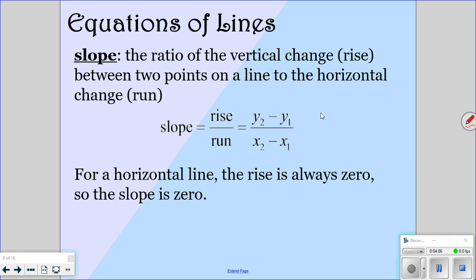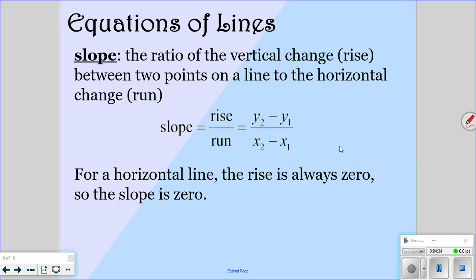If you want to use this formula, you can. y2 minus y1 over x2 minus x1. I think it's a great formula to use instead of trying to do just rise over run. Sometimes they don't give you a graph, and you can just plug it into this equation. So it's helpful to know slope is rise over run, but oftentimes you're going to need the y2 minus y1 over x2 minus x1. So that's a formula you probably want to memorize.